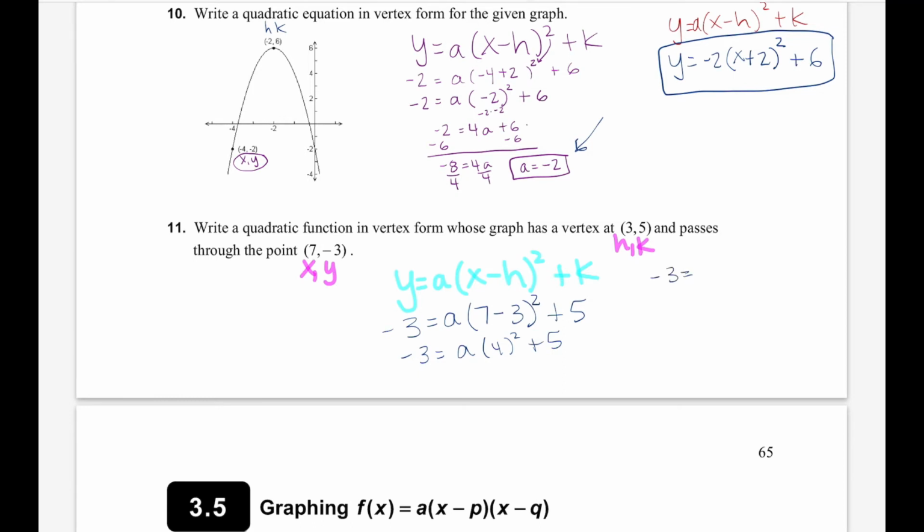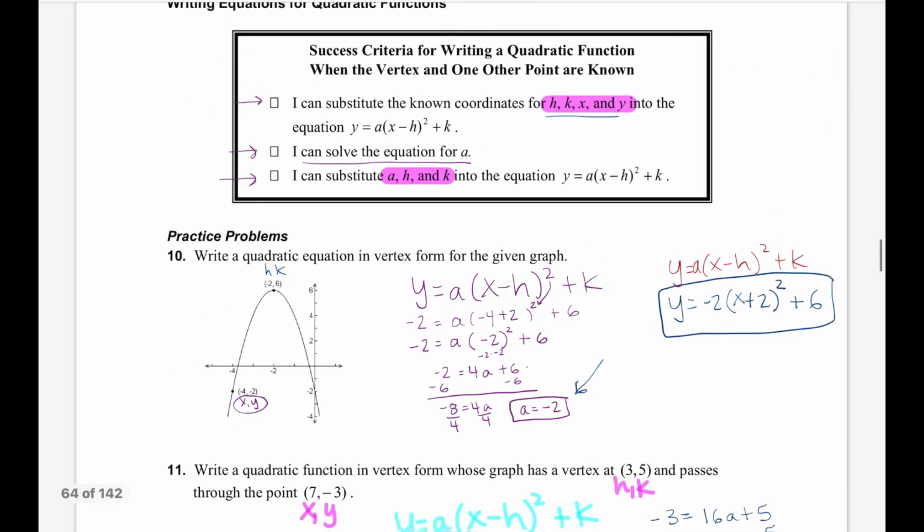This gives me negative 3 equals 4 squared is 4 times 4, which is 16. And a times 16 equals 16a plus 5. I'm going to minus 5 from both sides. I have negative 8 equals 16a. Divide by 16. And my a equals negative 1/2.